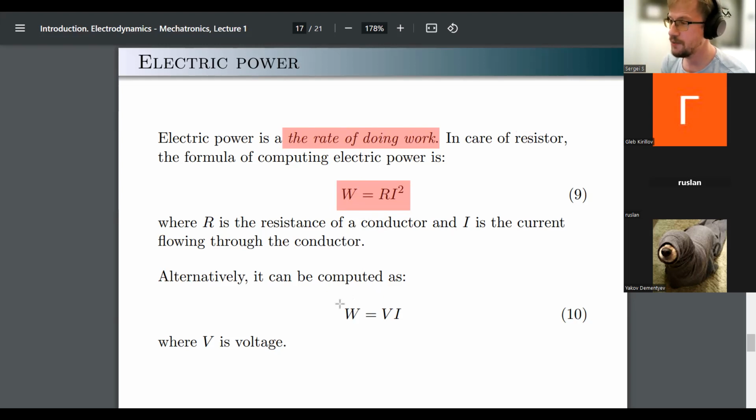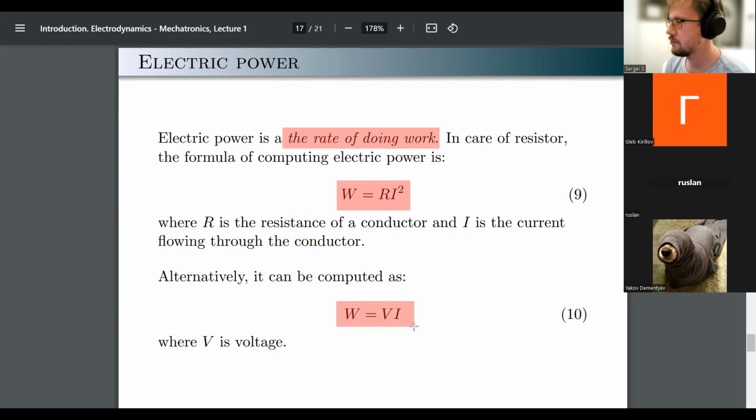Now we can write the same exact formula in this way, where we say it is voltage times current. Voltage times current is power. This should feel familiar, because it should remind you of mechanical power, where mechanical power is force times velocity, or torque times angular velocity.